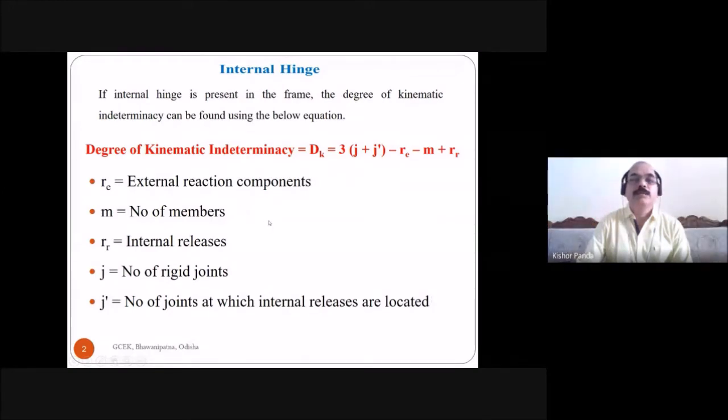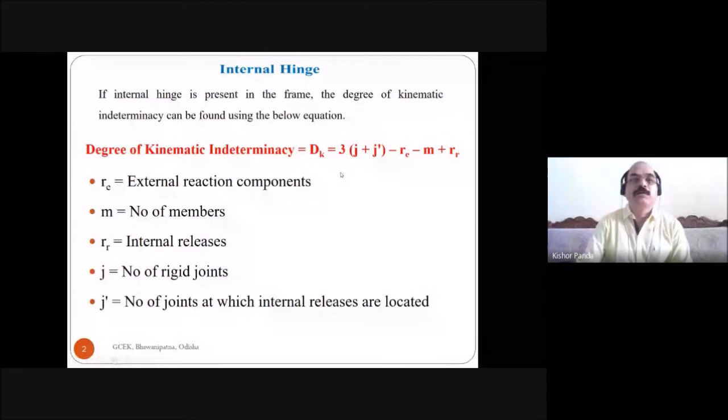So this you have to remember. Using this formula, you will find out the degree of kinematic indeterminacy if an internal hinge is present in the frame or beam.